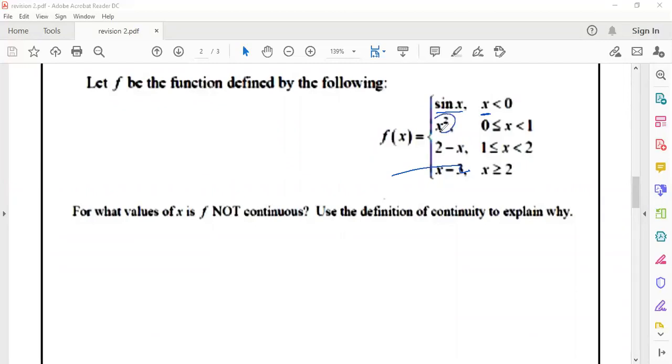This function is continuous on its subdomain, and here also continuous in its subdomain. So what is the rest of the numbers? We have to discuss the continuity at 0, 1, and 2.